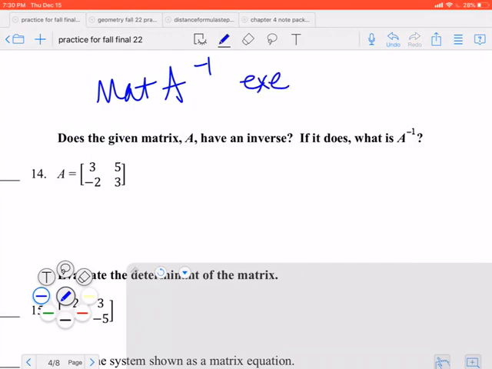If it says math error or some kind of error, that means this matrix doesn't have an inverse. Not all matrices actually have an inverse. And so we can also do it longhand.